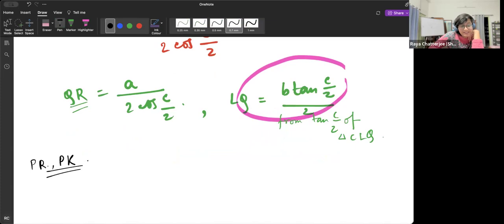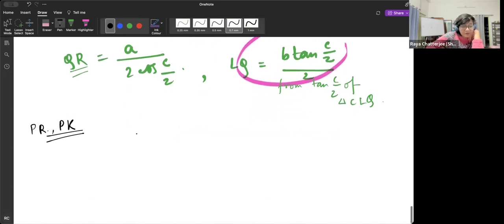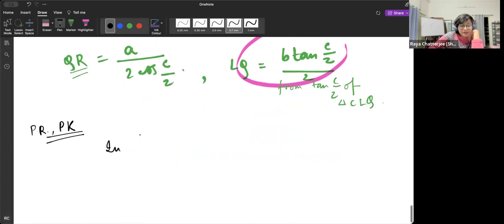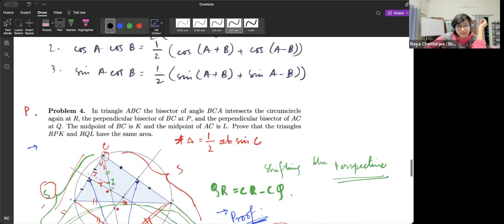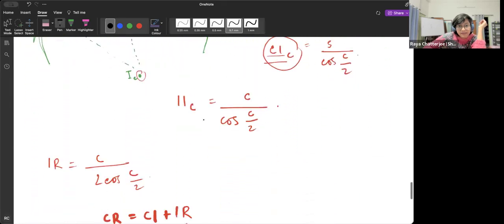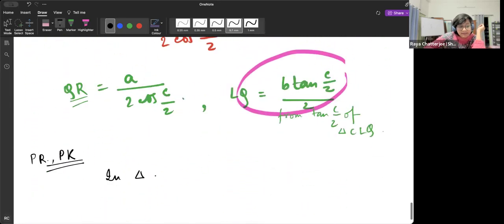I think all of you have seen the point of what I'm trying to do by now. So in triangle CPK, I can see that PR is going to be equal to B by 2 cos C by 2.